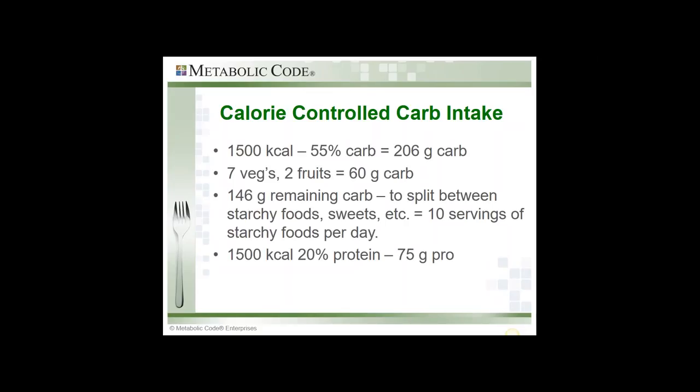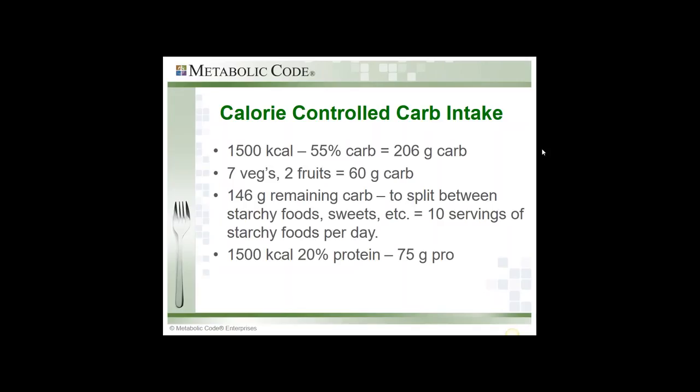So just to give you a picture of what a diet looks like when we compare a calorie-controlled approach versus a carb-controlled approach. If you look at that first line, 1,500 calories, if we calculate that in the middle of that 50 to 60% general carb amount that is typically used, that comes out to about 206 grams of carbohydrate per day.